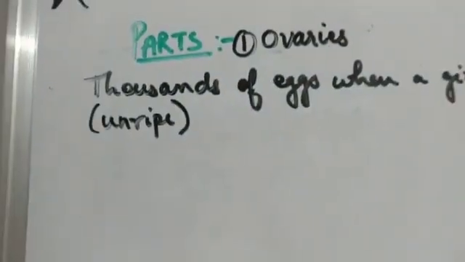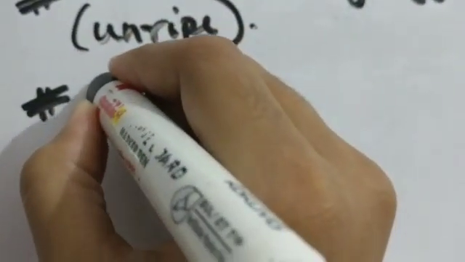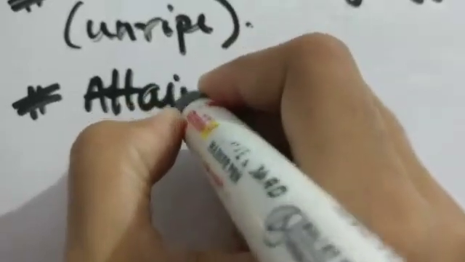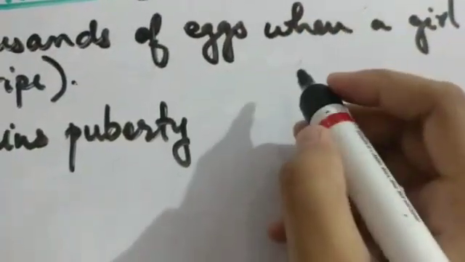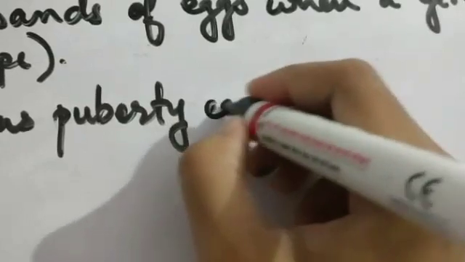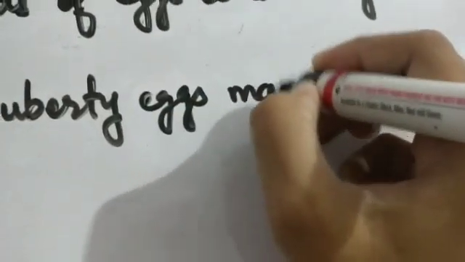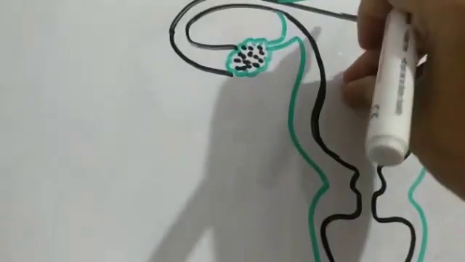But when that particular individual attains puberty, then what will happen? These thousands of eggs will start to mature. And now we'll say that this particular individual is fit for reproduction.